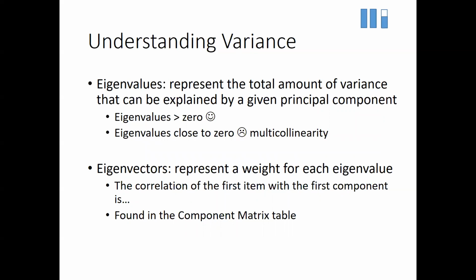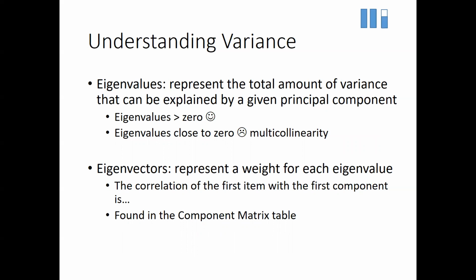So 2 of the terms, and these are very similar, so let's drill them into your head. 2 of the things that we look at with an exploratory factor analysis are eigenvalues and eigenvectors, okay? I'm gonna let you figure out the best way to figure out the differences here. But eigenvalues are the total amount of variance that can be explained by one component, the one set of items, essentially.